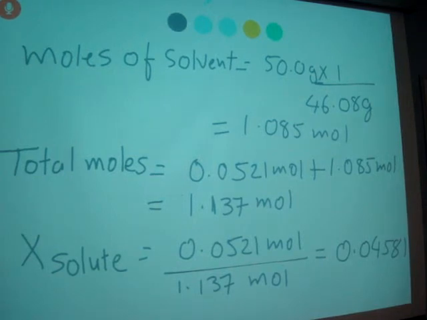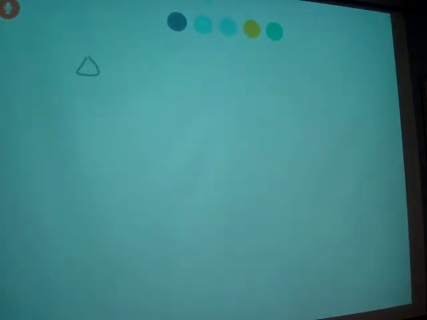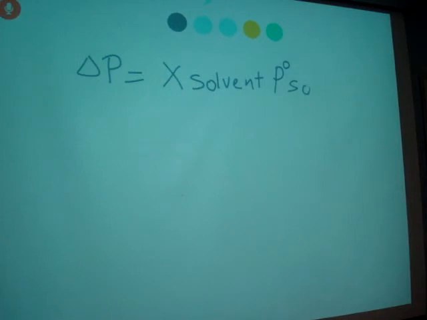And we were given P0 solvent is 44.6 millimeters of mercury. Alright, so let's see how we calculate delta P. Delta P is X times P0 solvent.